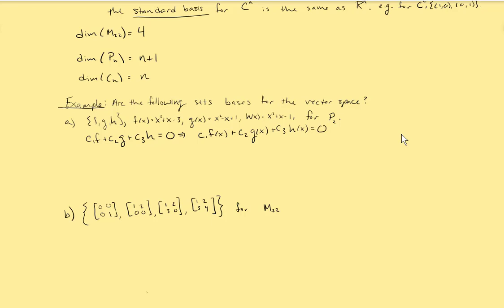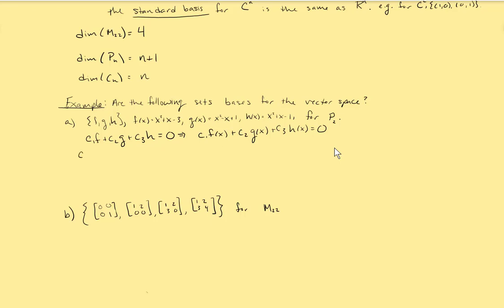All right, this is the equation we're always solving when determining linear independence. If the only solution to this equation is that all 3 scalars, c1, c2, and c3, are 0, then we know we have independence, which would make it a basis. Right? 3 independent vectors in a space of dimension 3 would give us a basis. So we're going to check what the solution for c1, c2, and c3 really looks like here.